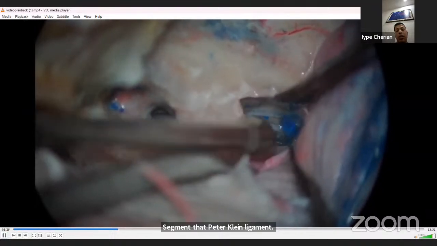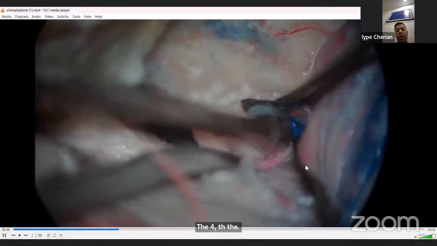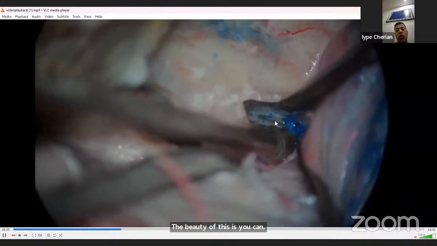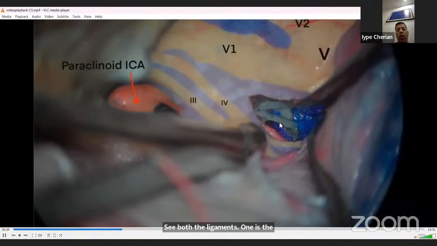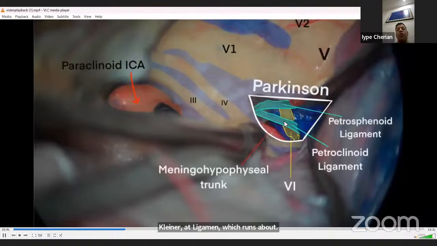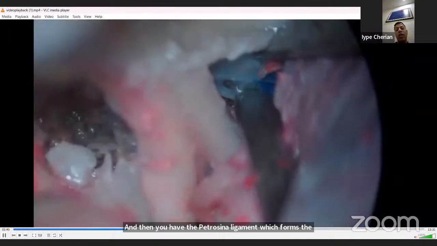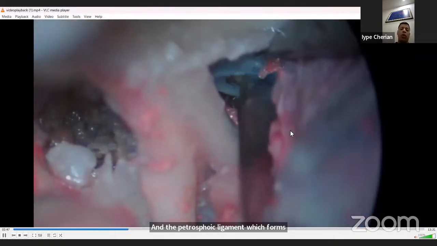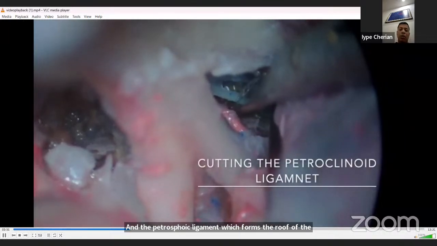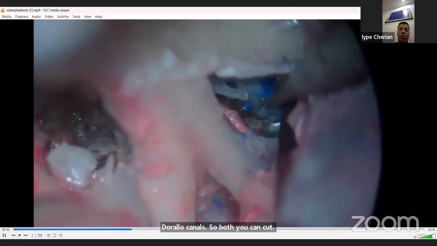The beauty of this is you can see both the ligaments. One is the posterior petroclinoid ligament, which runs above, and then you have the petrosphenoid ligament, which forms the roof of the Dorello's canal, with the sixth nerve in yellow. So both you can cut and you can free the sixth nerve completely.